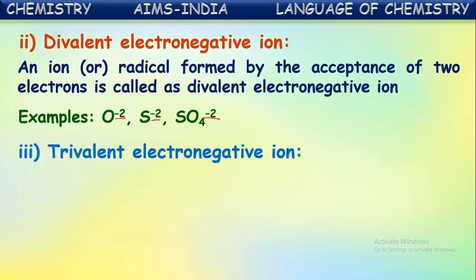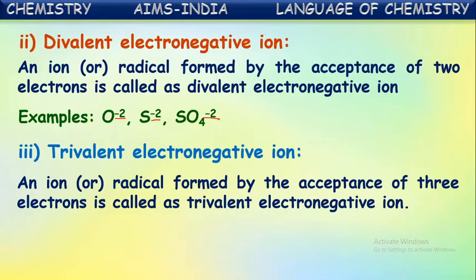Next, trivalent electronegative ions. Can we say the definition by observing those all? Tri means 3, electronegative means by gaining of electrons. So the ions or radicals which are formed by the acceptance of 3 electrons are called trivalent electronegative ions. For example, nitride ion: nitrogen on gaining 3 electrons forms nitride ion.